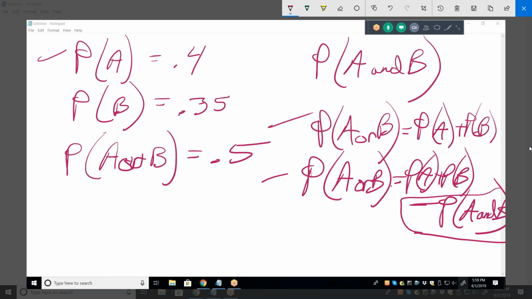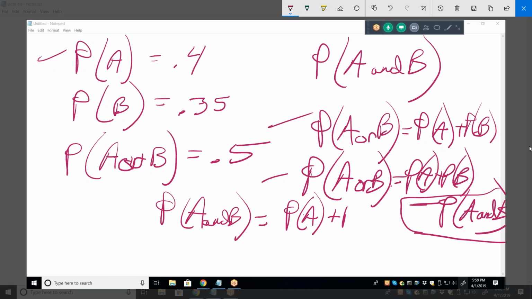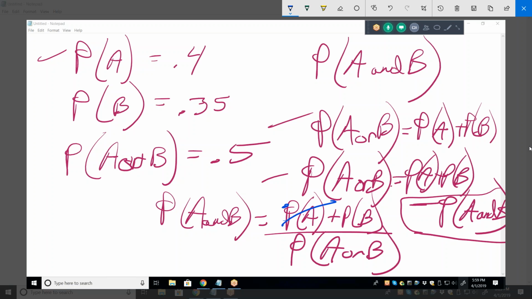So what we want to do is solve for the probability of A and B. I'm going to move that to the other side of the equation, so I have the probability of A plus the probability of B divided by the probability of A or B. And we have numbers for everything on the right side of the equation. Probability of A is 0.4.